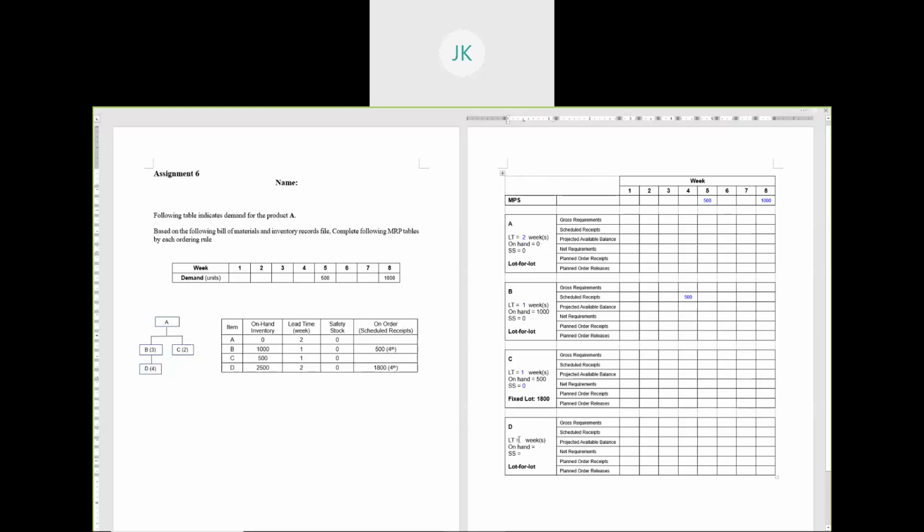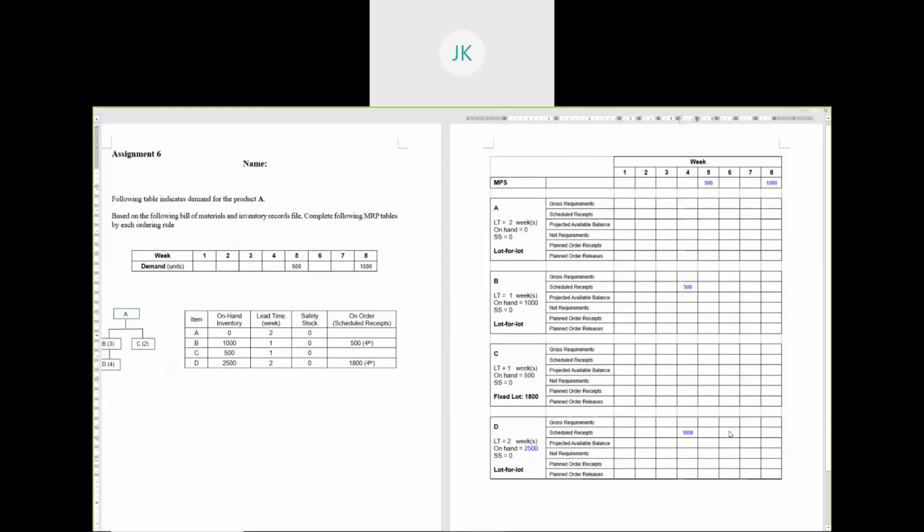And part D, 2 weeks of lead time, on hand is 2500, no safety stock, and 1800 scheduled receipt in week 4.